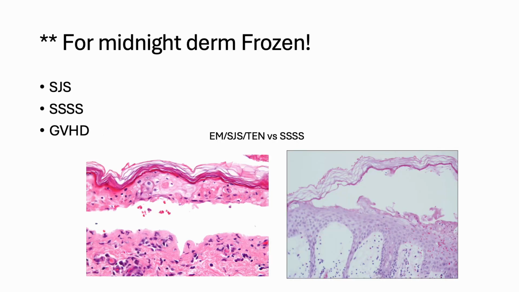Once, when I was a second-year resident, I was called to UMC to perform a midnight derm frozen to evaluate Stevens-Johnson syndrome. I hope you will not encounter this situation, but if you are going to encounter this, I want to help you.